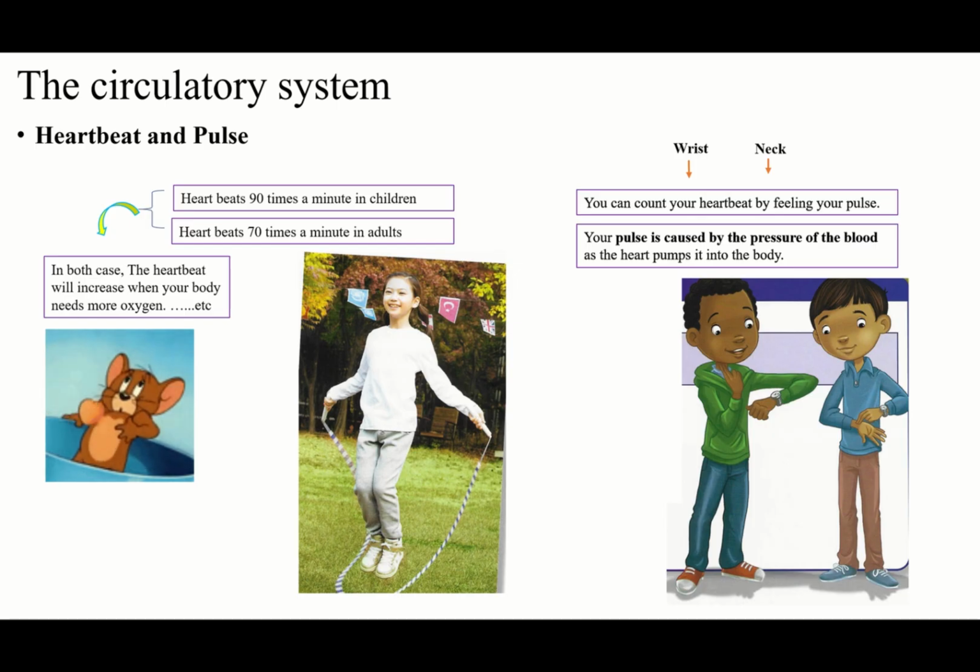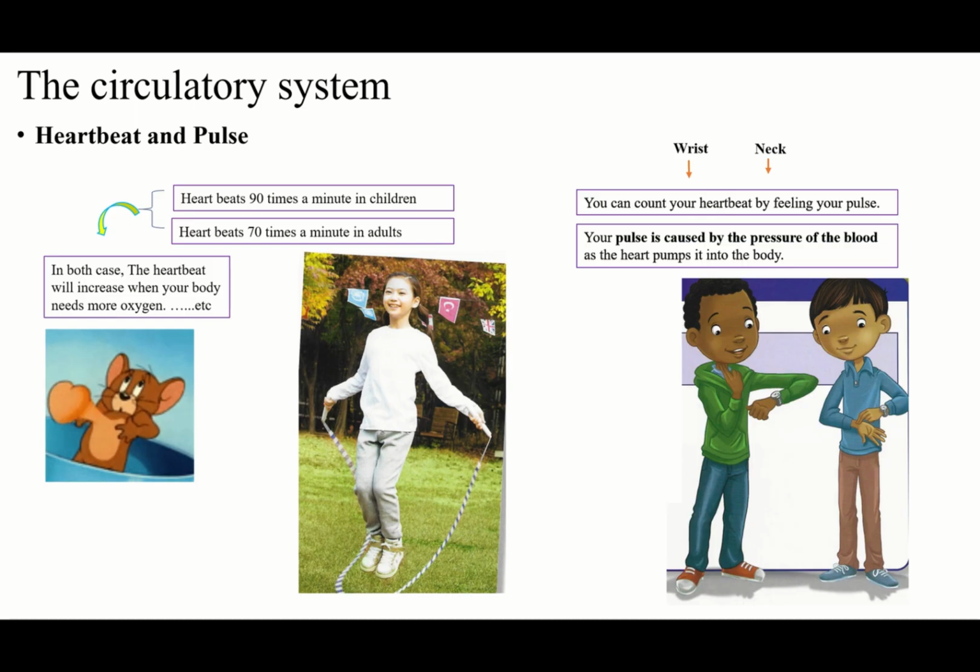Then measure the pulse again. Did you understand this one? 3 times: one before the activity, exactly after the activity, and 10 minutes after taking the rest after the activity. Just count and write down your pulse.